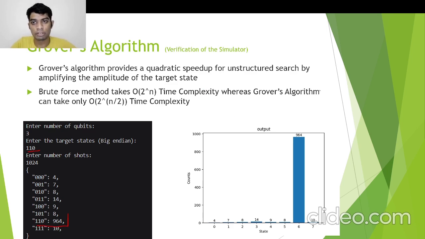Actually, Grover's algorithm provides a solution for a target string x such that f(x) is 1 and others are 0. This is the corresponding graph. Normally brute force will take O(2^n) time complexity, whereas Grover's algorithm takes only O(2^(n/2)), that is O(root of 2^n) time complexity.